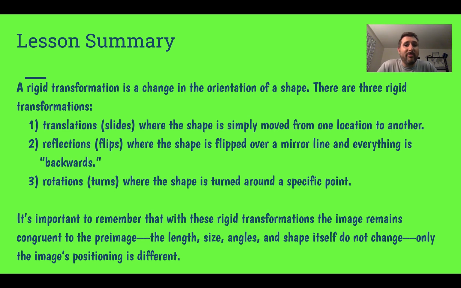One key thing to remember with these rigid transformations is that the image is congruent to the pre-image. So nothing about the shape changed. The lengths were the same, the size was the same, the angles of the shape were the same. Nothing about the shape changed except for how it was positioned. That's very important to remember and the key to rigid transformations.